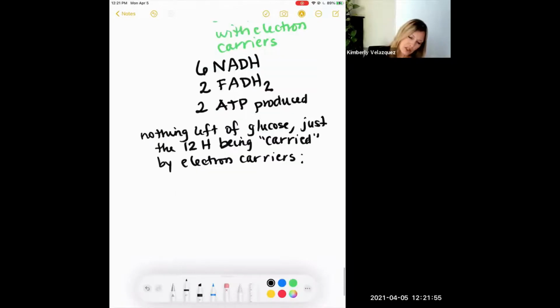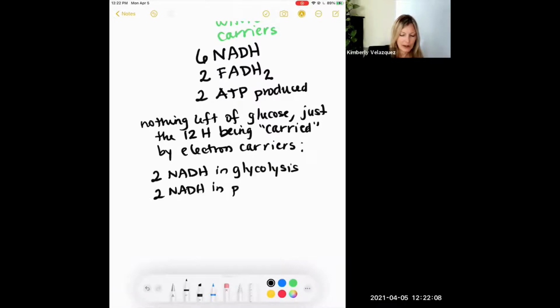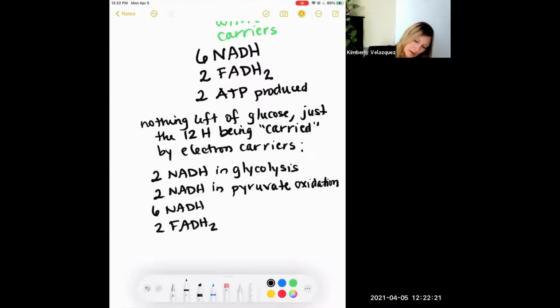And just to remind you, we made 2 NADH in glycolysis, 2 NADH in pyruvate oxidation, and 6 NADH and 2 FADH2 in the citric acid cycle. 6, 8, 10, 12.